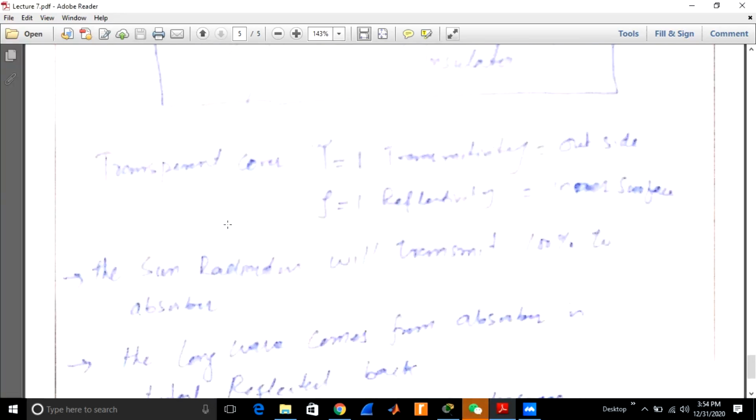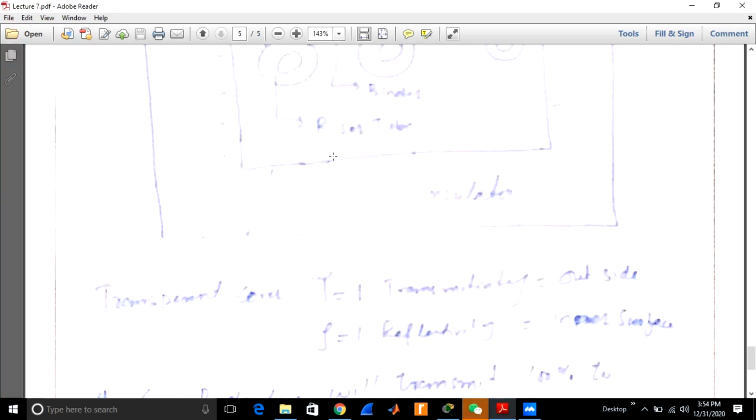So this is all about today's class. In the coming class we will discuss the types of collector. There are mainly the non-focusing type and the focusing type.